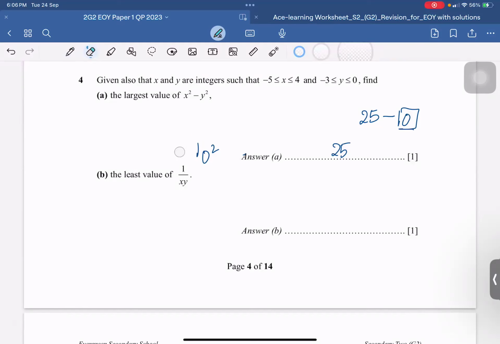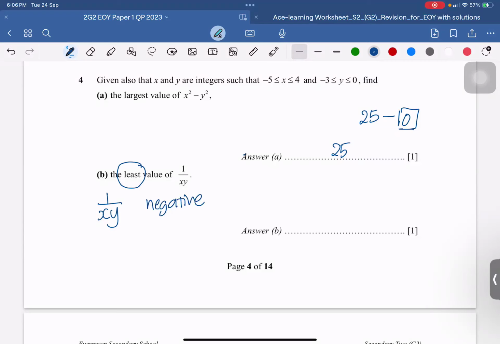Then the next one over here: I want to get 1 over x times y. I want the smallest. When I want the smallest, it means I want a negative number, because negative is smaller.